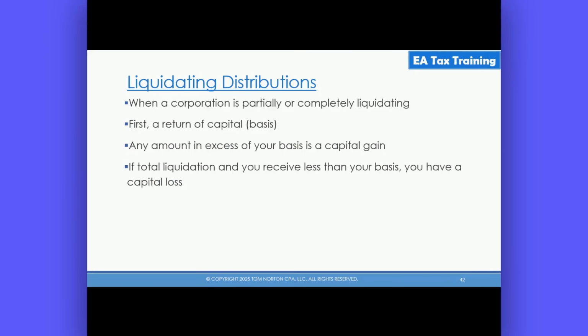So you are getting a $500 capital gain. However, what if you receive less than you invested? Well, in that case, you have a capital loss. So if you invested $1,000, company goes out of business, they send you a check for $700. Well, in that case, you invested $1,000, you only got $700 back. So that is then a $300 capital loss.